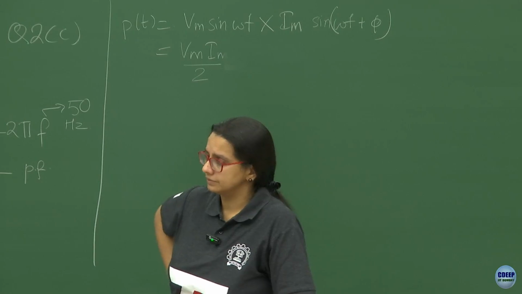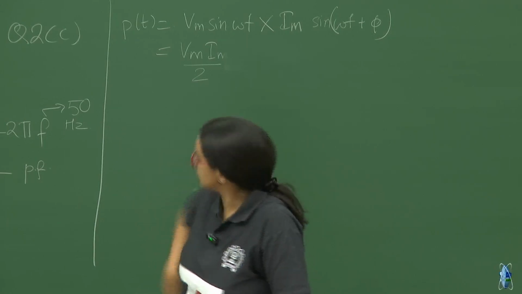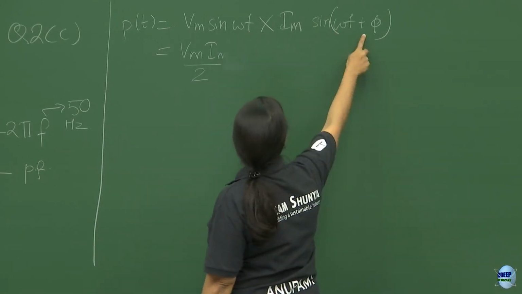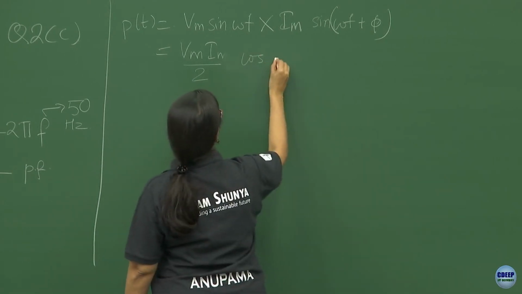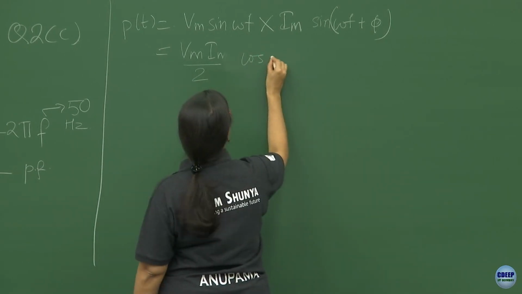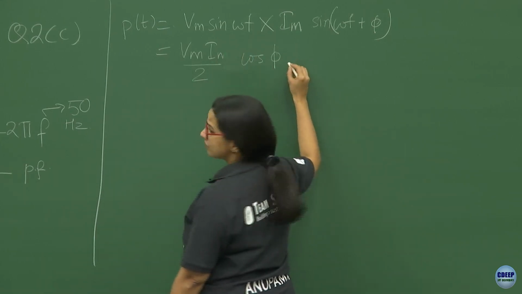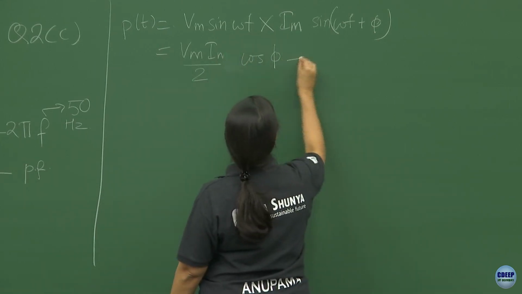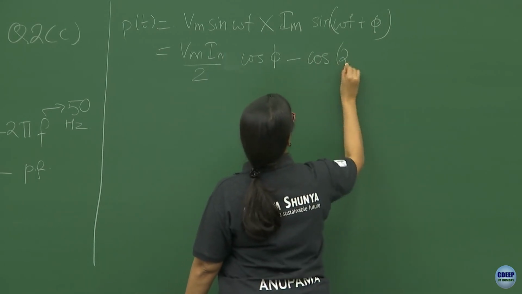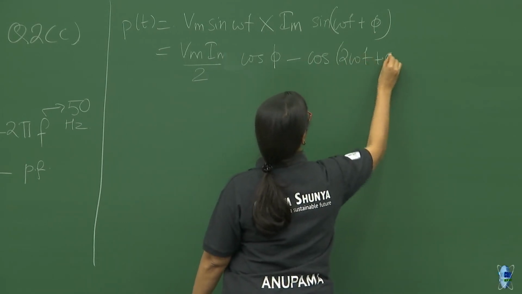Cos of A minus B minus cos of A plus B. Cos of A minus B will be cos of minus phi, but you could write it as cos phi. And then minus cos of A plus B. So that's going to give us cos of 2 omega t plus phi.